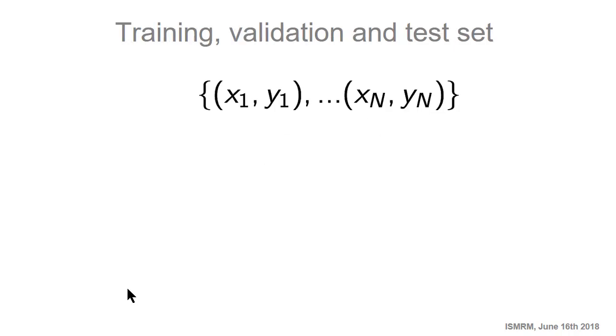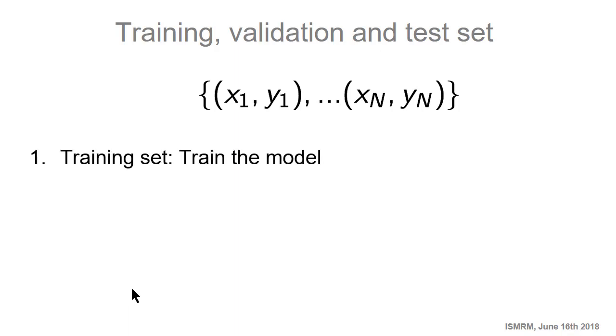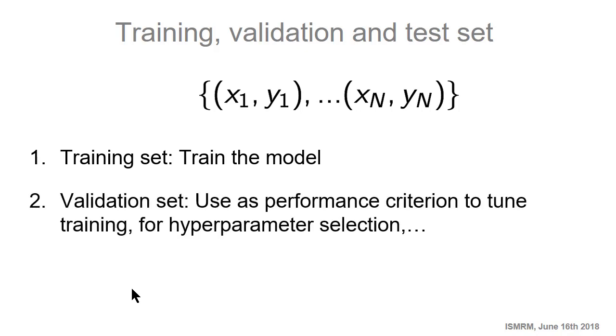And then I split the data, this is what everybody does, into a training set, a validation set, and a separate test set. And as the name says, you want to use the training set to actually train your model. You want to use the validation set as your performance criterion as you make your design choices, change your architecture, do hyperparameter tuning, whatever.